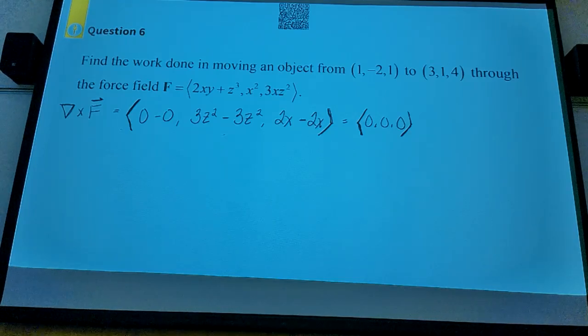Curl 0. This means that F is conservative.